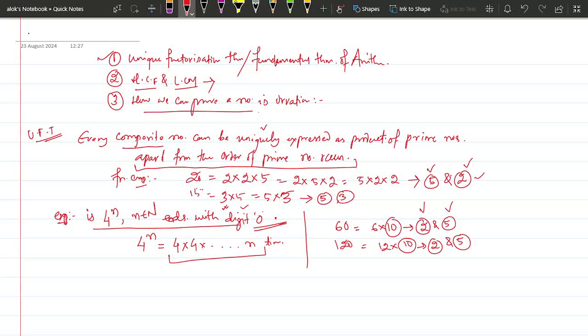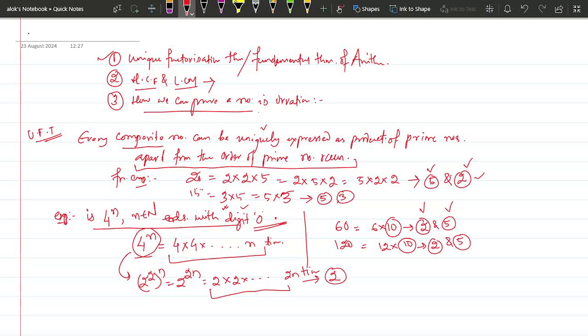Here 4 to the power n can be written as 2 squared whole to the power n, which is 2 to the power 2n, that is 2 into 2 into 2, 2n times. So here the only prime factor is 2.